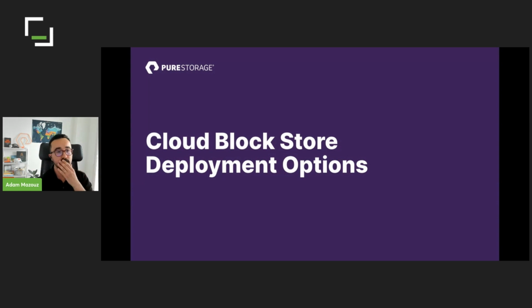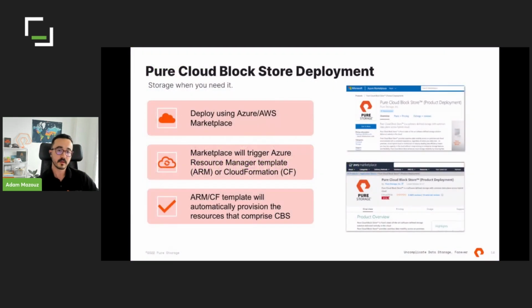So let's dive into how you can deploy a Cloud Block Store. As I already mentioned, it's now publicly available on both the Azure and AWS marketplaces. You can deploy it when you go to the marketplace.